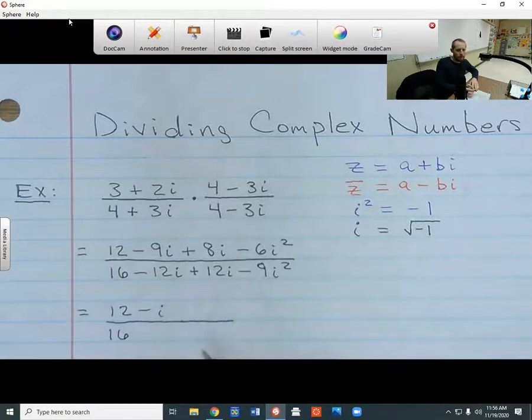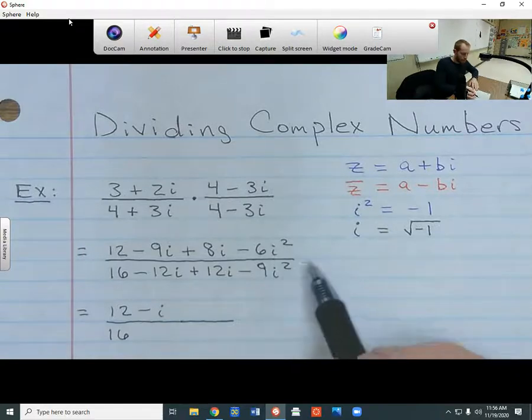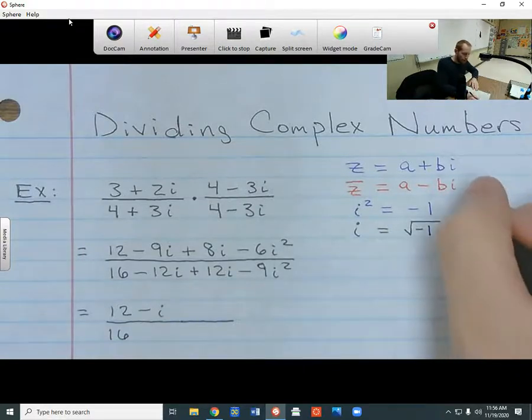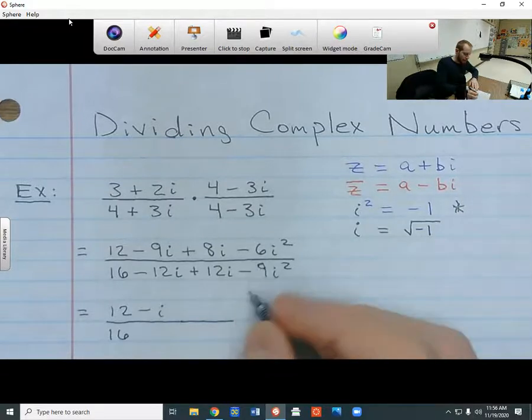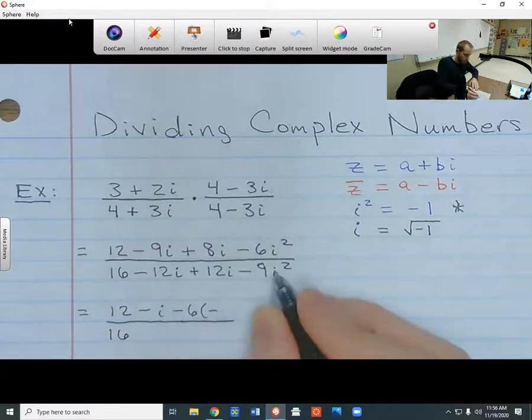The next thing I have to do is take care of the i squared. I'm going to use the fact that i squared is equal to negative 1. So I can rewrite this as negative 6, and I'm going to replace the i squared with a negative 1. At the bottom, I'm going to do the same thing.